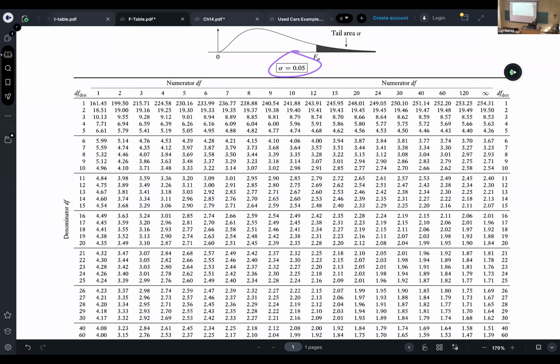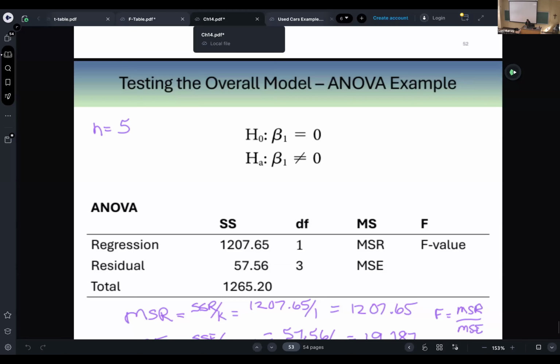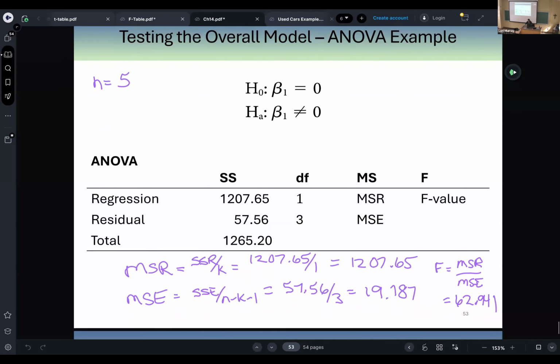I need 2 degrees of freedom. Anyone want to guess what the degrees of freedom would be? What would you use? We need a numerator and a denominator degree of freedom. Just use 1. That's one of them. We need another one. That's the numerator.